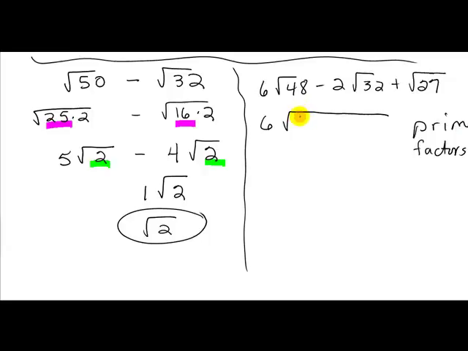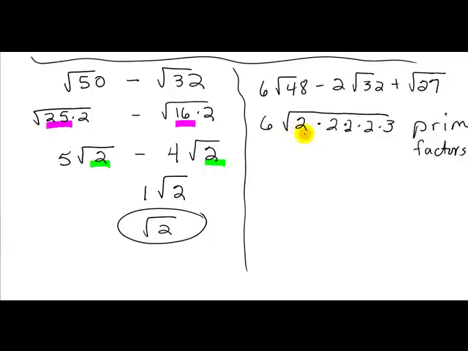So let's just start with, we know that 2 goes into 48 times 24, and 24 is 4 times 6. So that's another 2 times 2 for the 4, and a 2 times 3 for the 6.